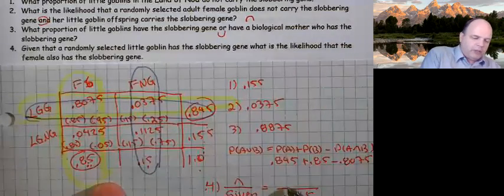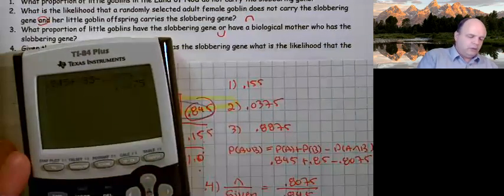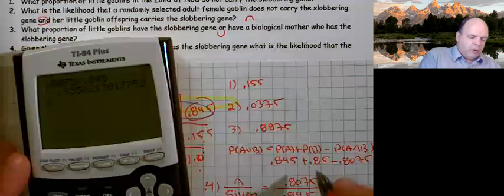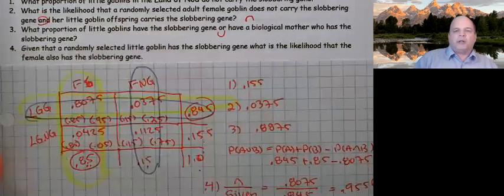All right, so here's my intersection. And when I divide that out, 0.8075 divided by 0.845 equals 0.9556. Excuse me, it's a little bit off the screen.